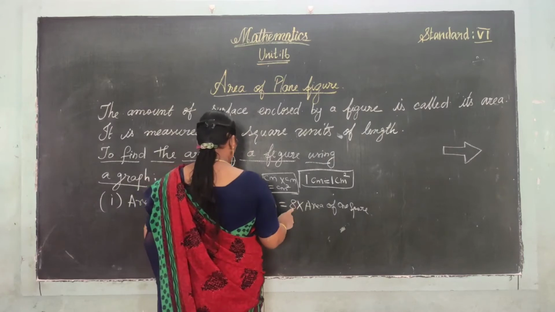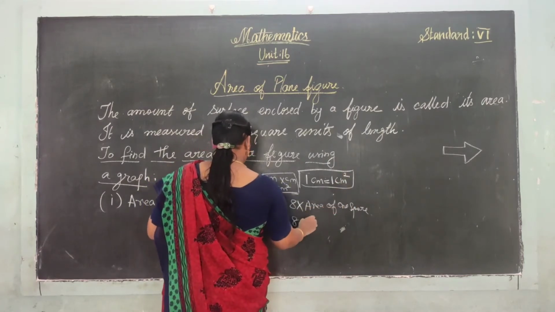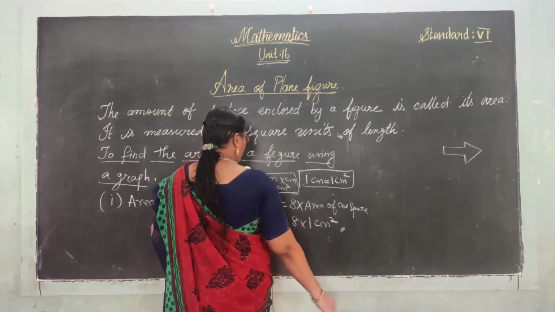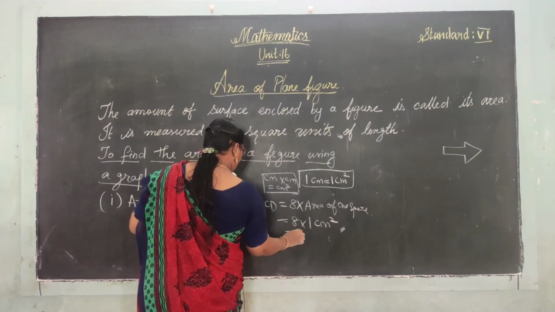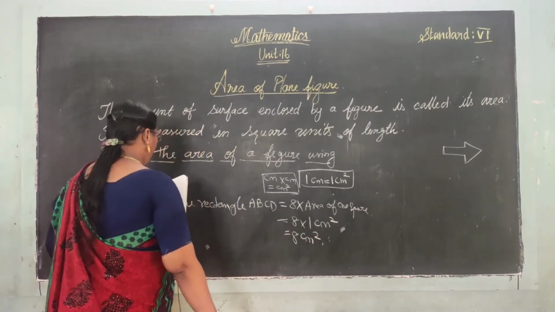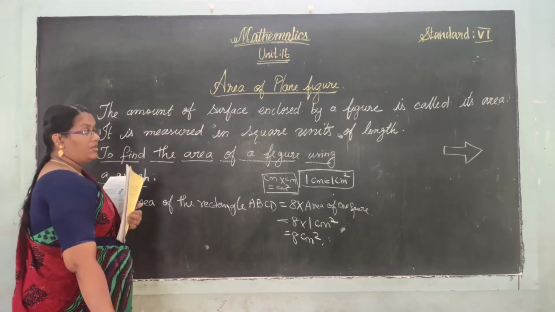How many boxes? 8. So 8 into area of 1 square, which is 1 centimeter square. So 8 into 1 centimeter square is equal to 8 centimeter square. That's it. So area of the rectangle ABCD is equal to 8 centimeter square.